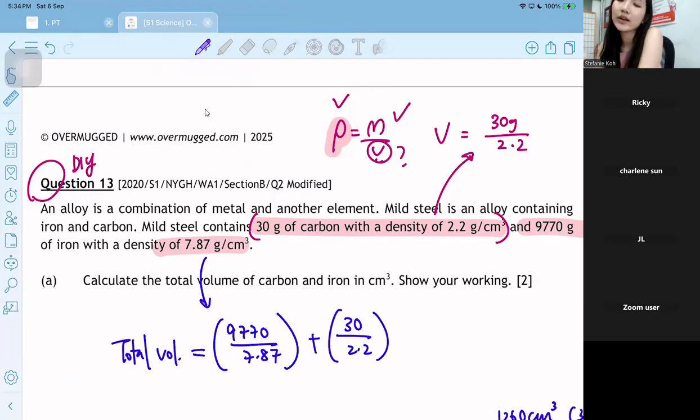Then you just key into your calculator, leave your answers in 3SF. Final answer 3SF.